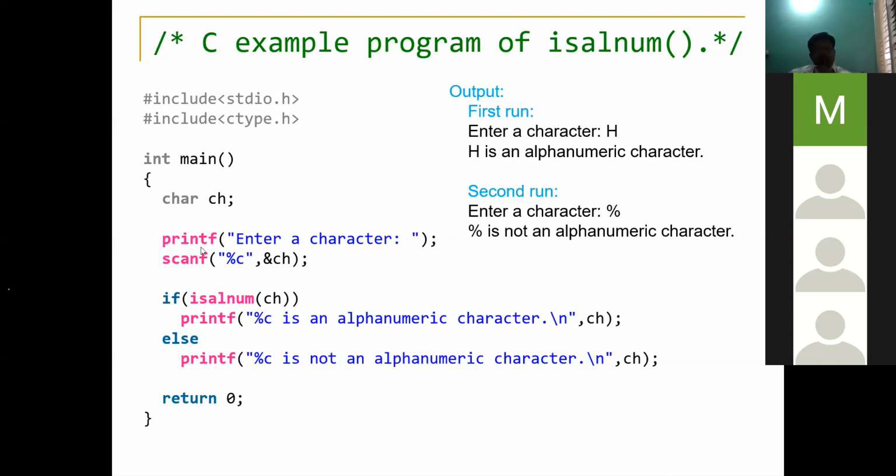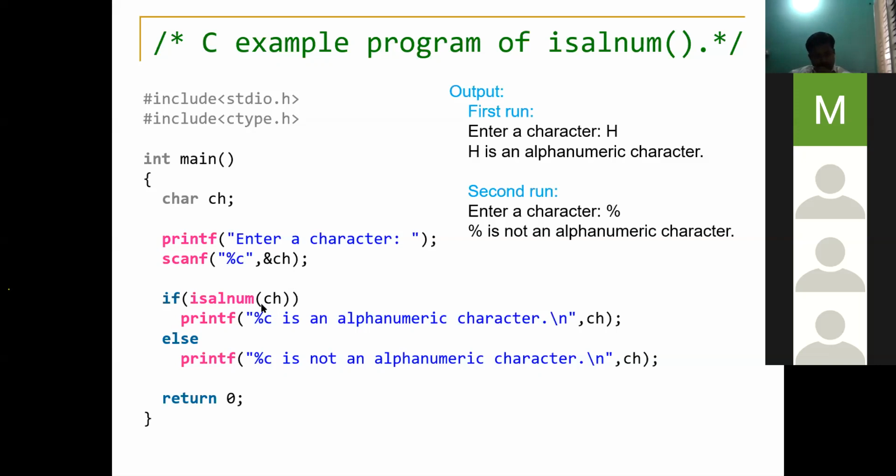Okay. So in my main program, I have a printf statement which will print enter the character, allowing the user to give a character as an input. This function here is alphanumeric. It's part of the conditional statement. It checks whether ch is alphanumeric or not.